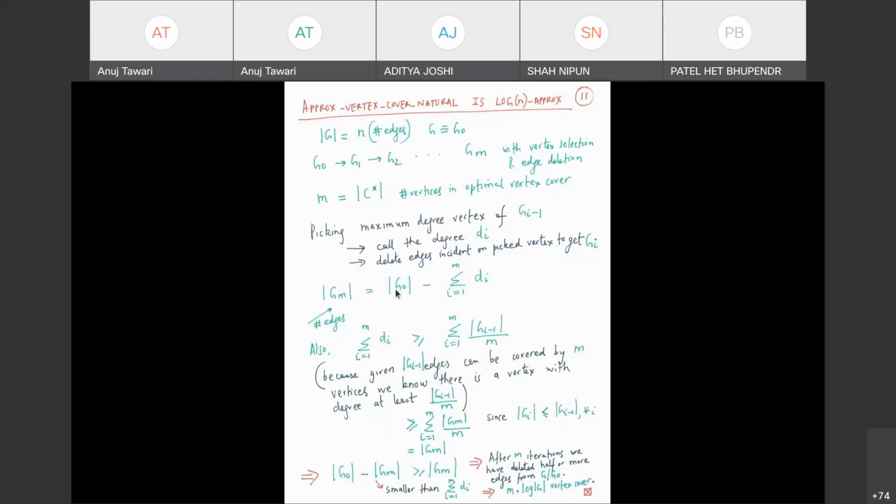Since we have a minus sign here, this becomes G_0 minus G_m greater than or equal to G_m. So that means that G_0 is greater than or equal to twice the number of edges in G_m.